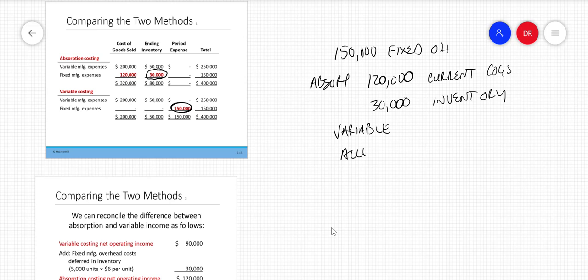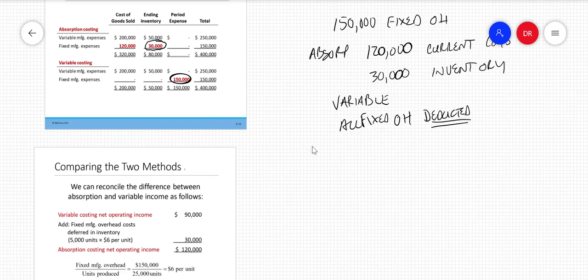All fixed overhead is deducted from income. So that's a big difference that we need to recognize.